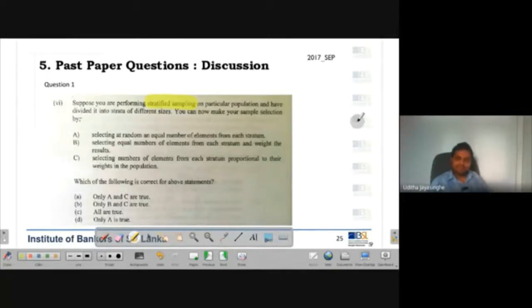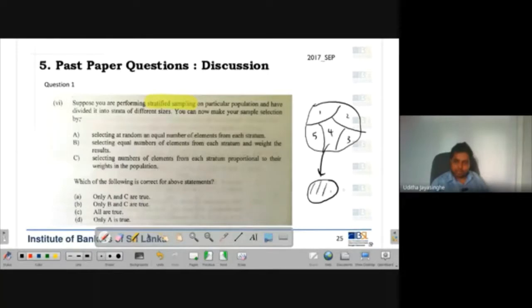You do the stratified sampling, that means the population is now divided into different groups. Now this is done, 1, 2, 3, 4, and 5, so you are going to select the sample. A says selecting a random or equal number of elements from each stratum. Let's keep that for a while and focus on B and C and see whether there are any errors in those answers.